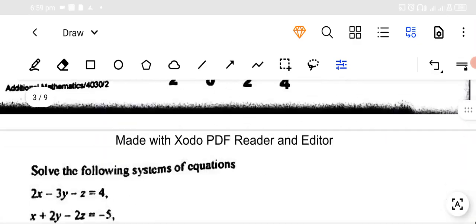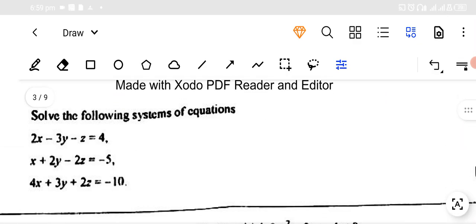If we go back to the equations, let's start proving. So 2 multiplied by negative 1 minus 3, y is a negative 2, and then z is 0. So it's going to give us a positive 4. Try to substitute. It's going to give us a positive 4. Then we have x, which is a negative 1, plus 2y, which is a negative 2, and then minus 2z, which is a 0.